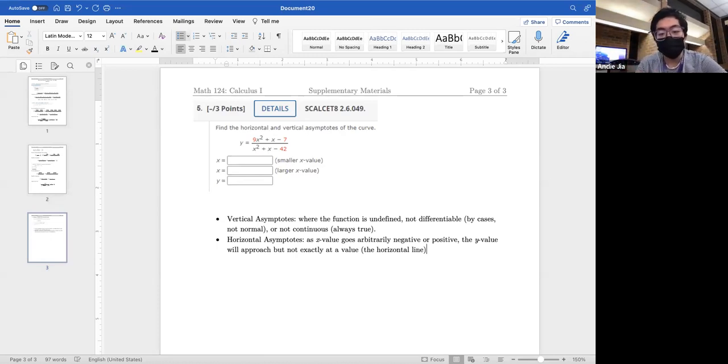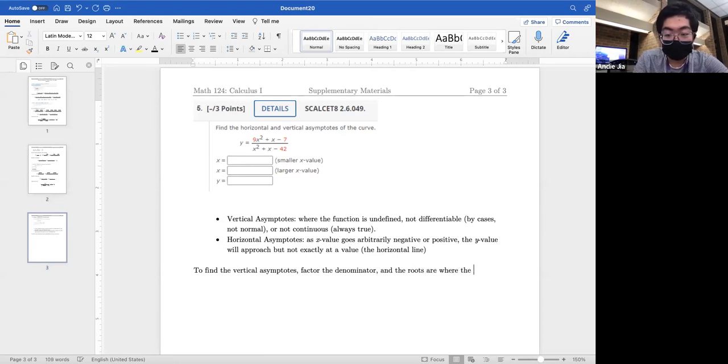To define a vertical asymptote, for a rational function, just factor the denominator. To find the vertical asymptote, factor the denominator, and the roots are where the rational function is undefined.